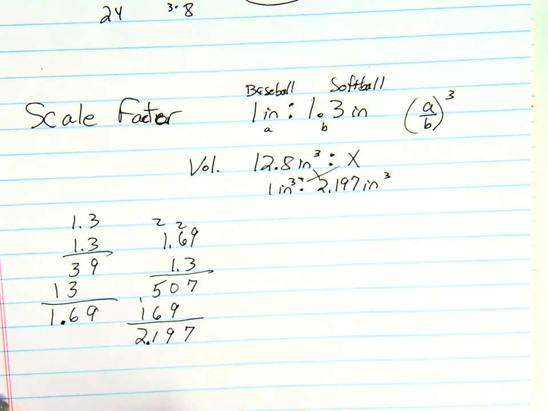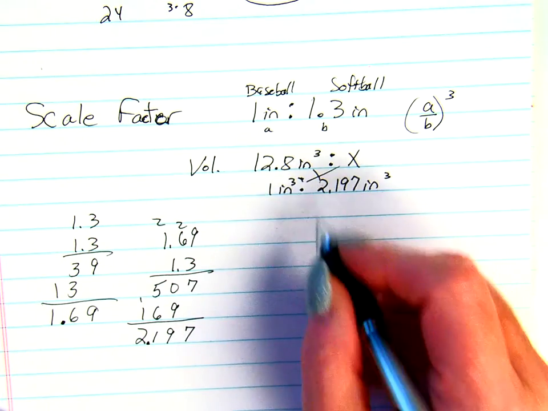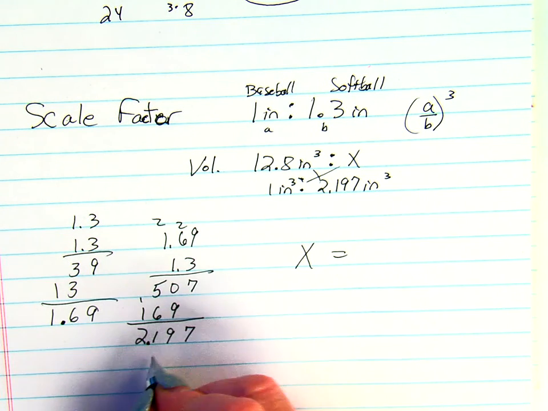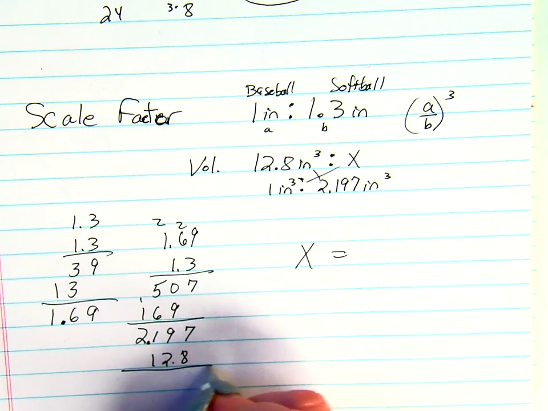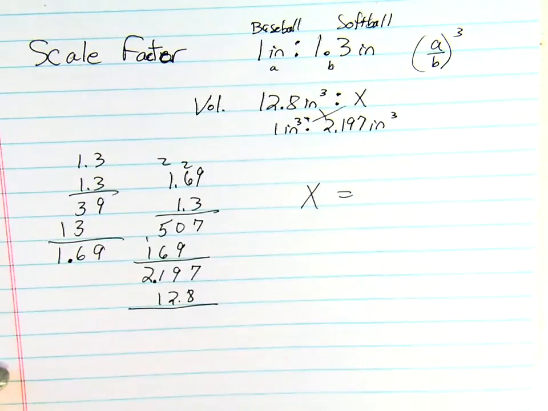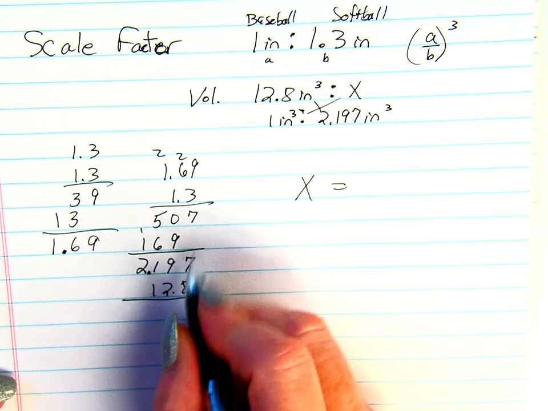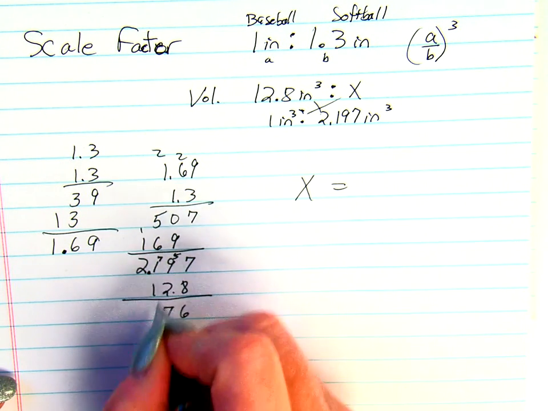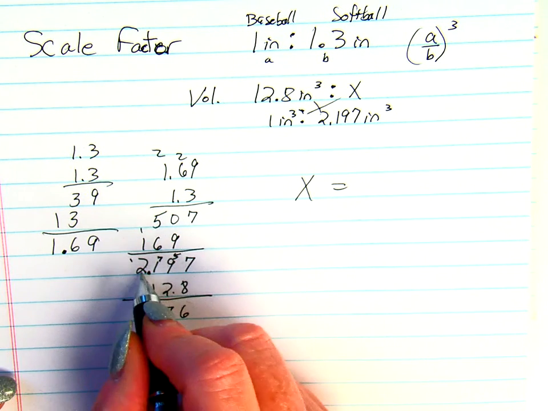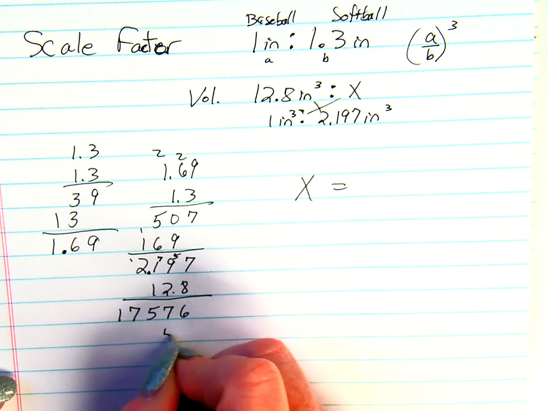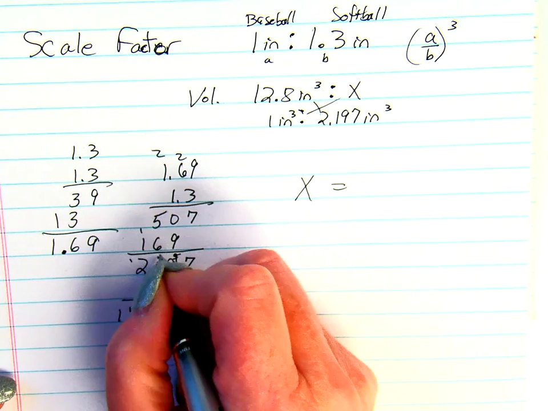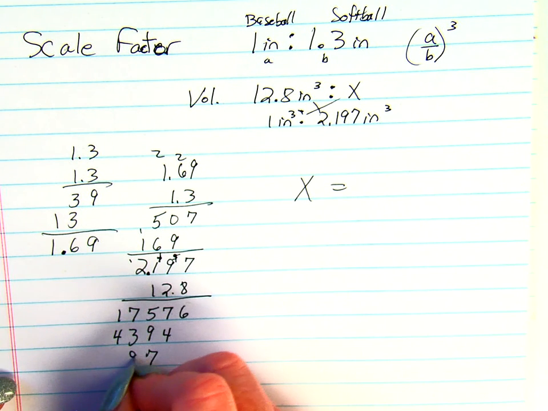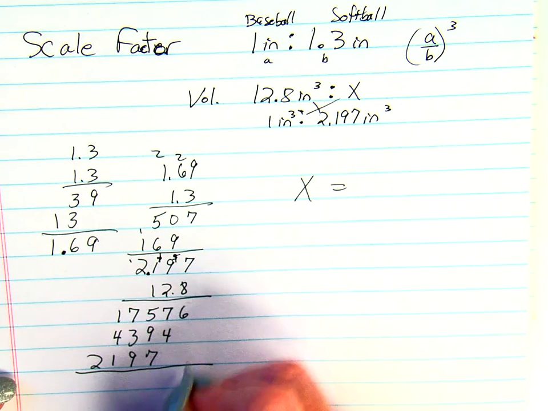This is x here because we don't know that. So I've got x equal to 12.8 times 2.197.